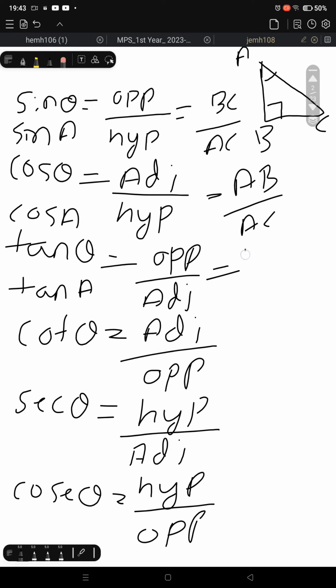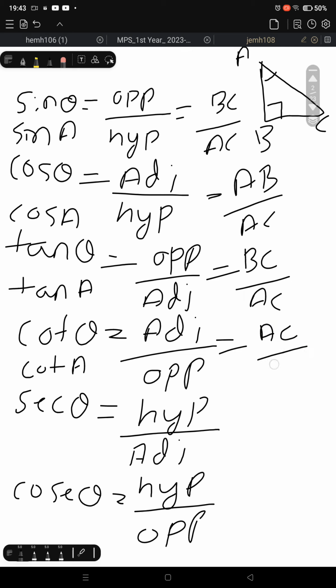Opposite is BC and adjacent is AB. Then cot A, for angle A, is adjacent divided by opposite, so that is AB divided by BC.